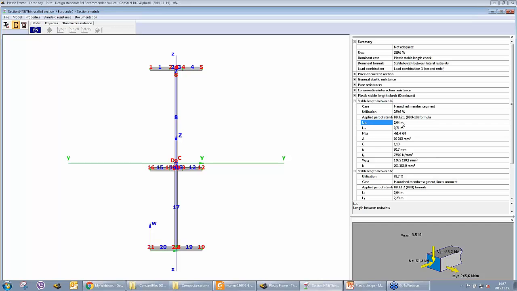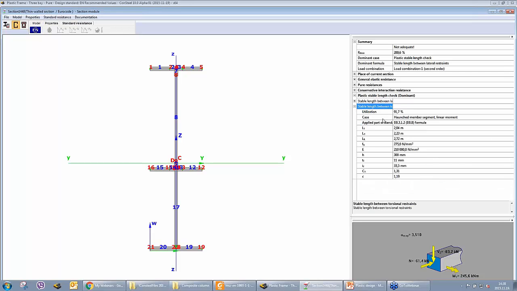That means that the length is much larger than the limiting stable length between lateral restraints, and since we do not have any internal lateral restraints in our hinge region, it is not adequate. But for the torsional situation, it is fully adequate. The utilization is 90%, because again the length between the restraints, so practically the whole length of the hinge, has a lower value than the stable length between the torsional restraints.